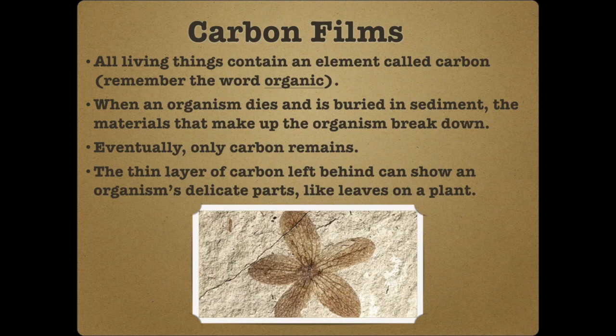It creates kind of like a picture mark, and that picture mark is from the carbon that's left behind from the plants or animals. Plants usually are going to have a lot of carbon films. Smaller animals like dragonflies or insects, maybe some lizards, will also leave behind a carbon film.